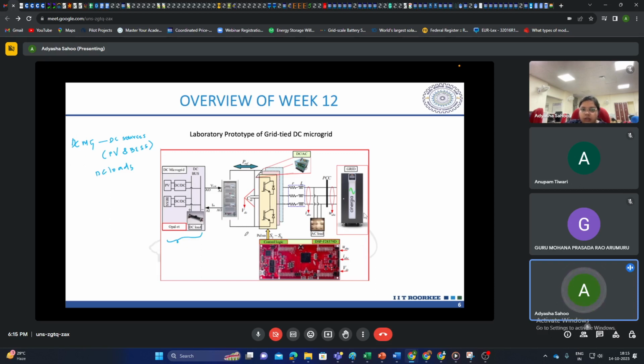Then we have in between them, do you remember what is this component? This was the inverter, this one, right? Basically here this is the power amplifier, right?